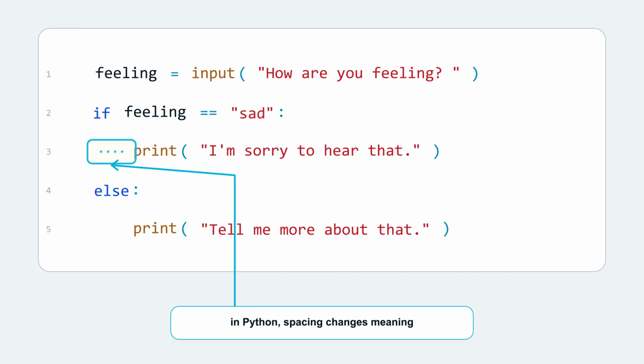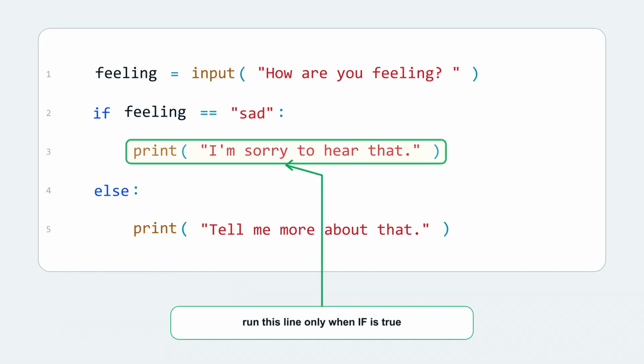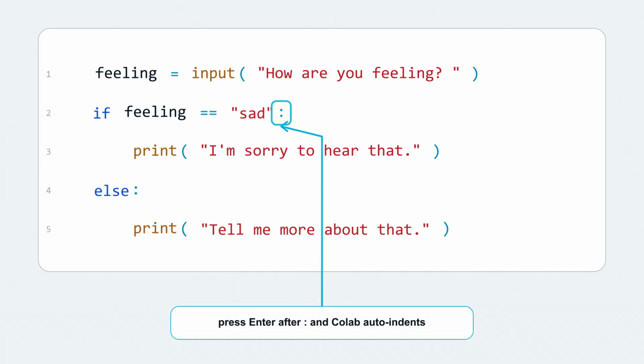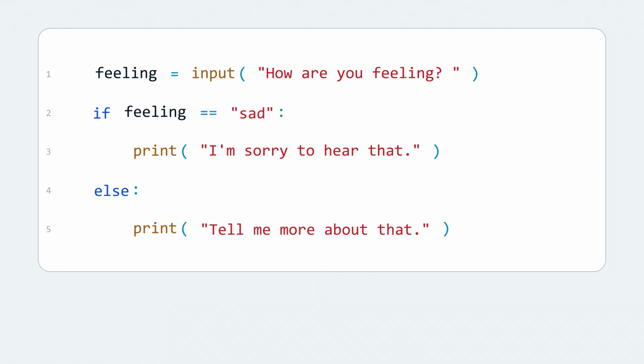It changes what the code means. The indented print line belongs to the if condition above it. It tells Python, if the condition is true, run this instruction. By convention, Python programs normally use 4 spaces for each level of indentation. Fortunately, when you type the colon and press enter in Google Colab, Colab will usually add those spaces automatically.